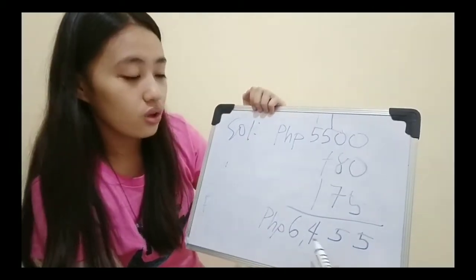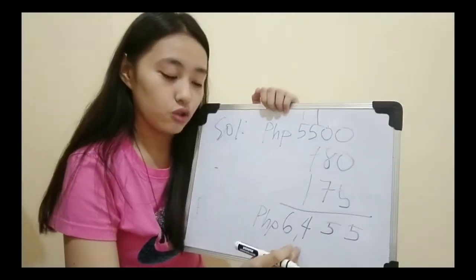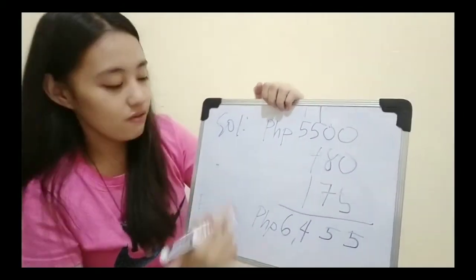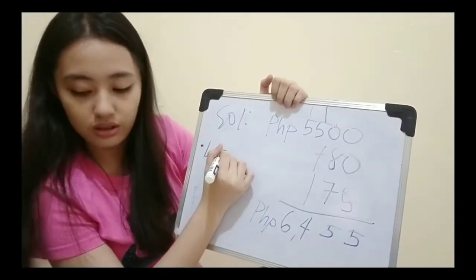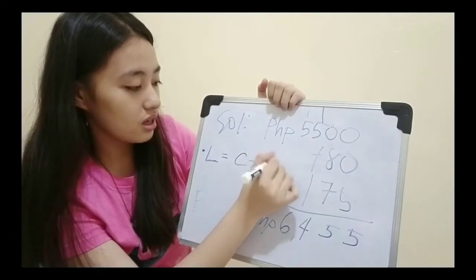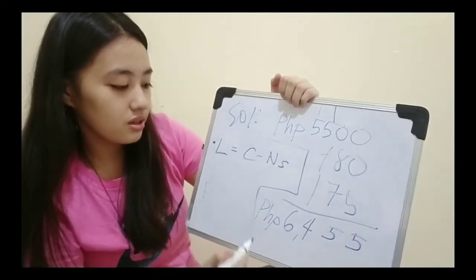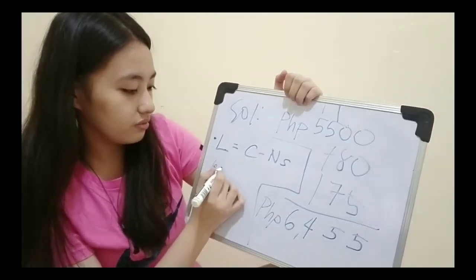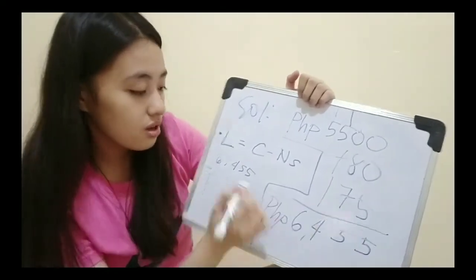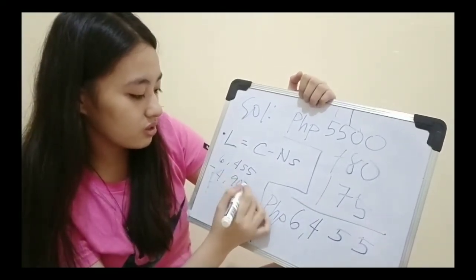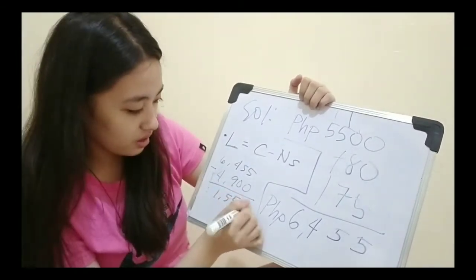And since nakuha na natin yung total cost, we're going to solve for the loss, since obvious naman na mas malaki yung kanyang nagastos. So therefore, we're going to use this formula: loss equals cost minus net sales. So 6,455 minus the net sales, which is 4,900 pesos, is equal to 1,555.